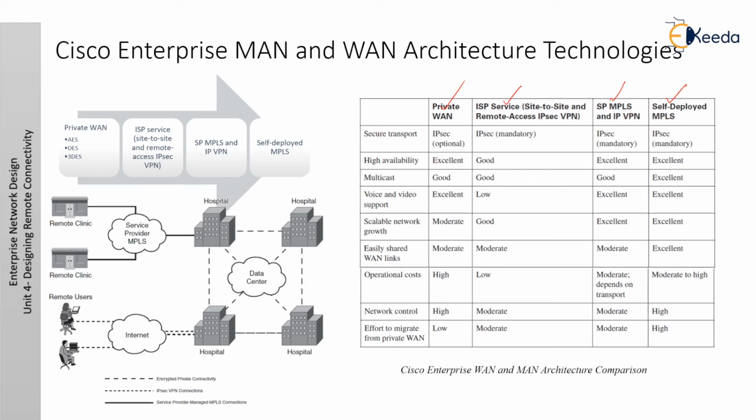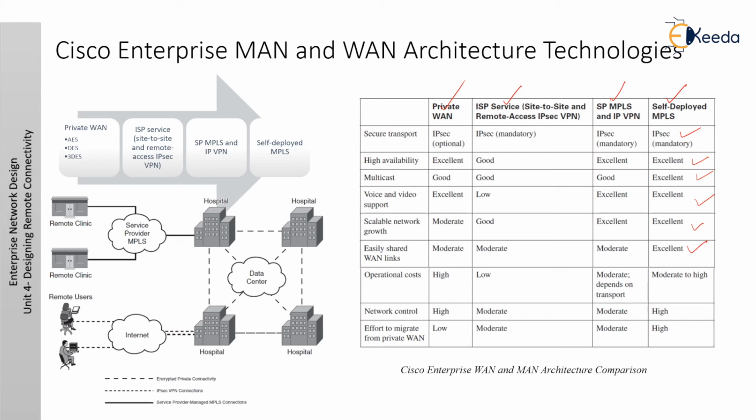If we consider all these things, self-deployed MPLS is the main preference. Considering secure transport, IP security is mandatory. High availability is excellent, multicast is excellent, voice and video support is excellent, scalable network growth is excellent, and easily shared WAN links is excellent.